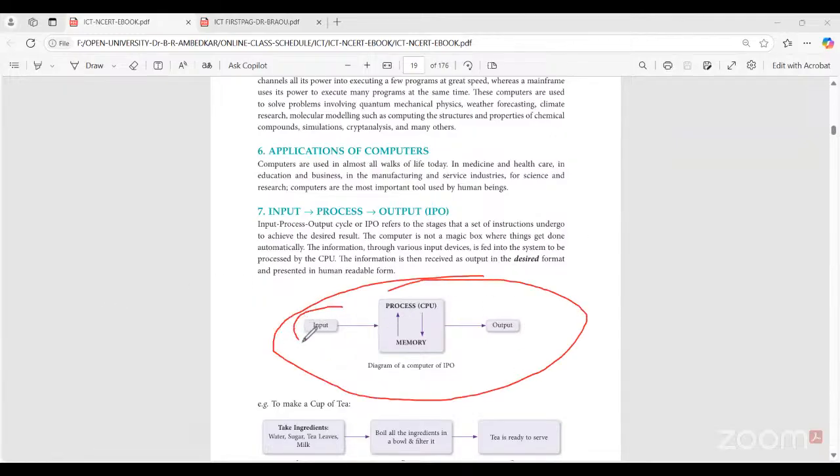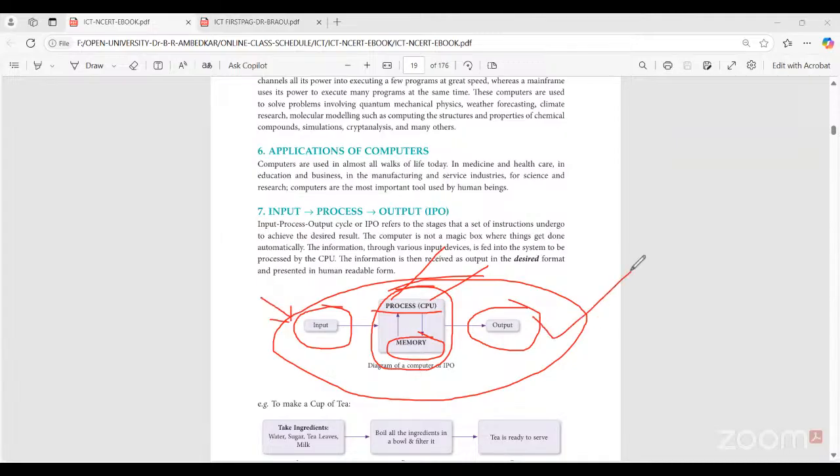Any computer will take input and any computer will give output. And in the middle, it does process. That process we are telling inside the CPU. Now inside the CPU there is a memory. This is a high level diagram. Every computer will take input and give output, and in between there is a process and there is a memory.